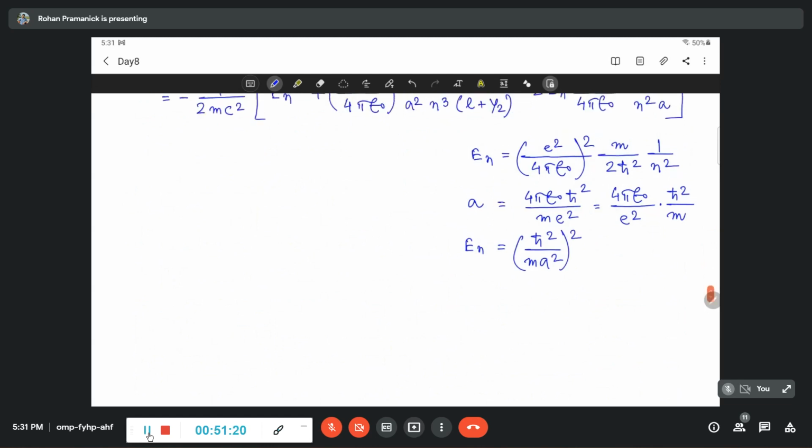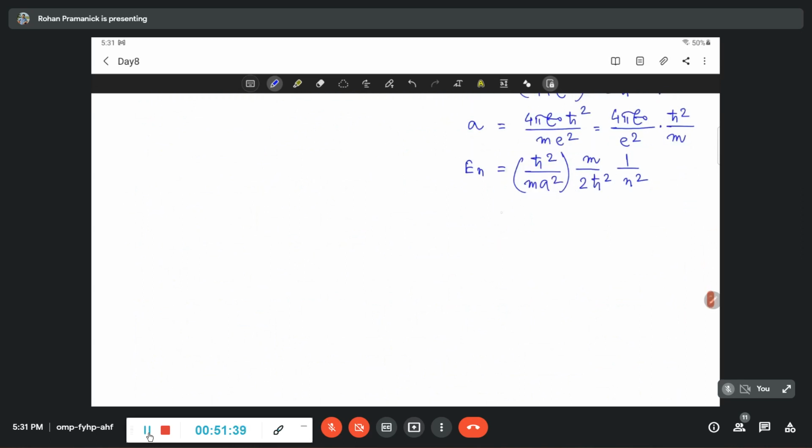So e squared by 4 pi epsilon 0 squared. This inverted, and this gives you squared. No, there is no squared. Yes, now it is fine. And then there is m, there is 2 h cut square, and there is 1 by n square. So you find what is this. So cancels. So this is 1 by 2.